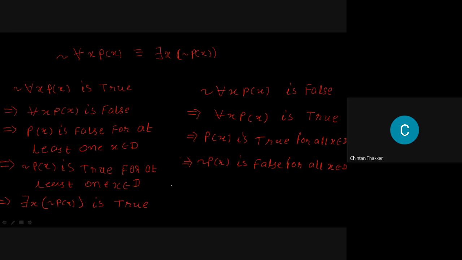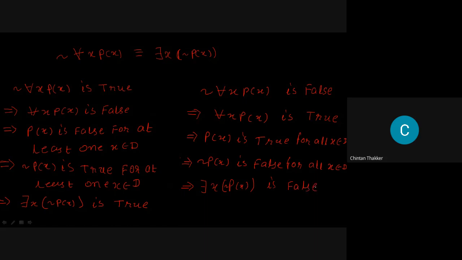So when we have the Px is false for all x belongs to D, then there exists x Px is false. So in place of Px, here we have negation of Px is false for all x belongs to D. So that means we have there exists x negation of Px is false.